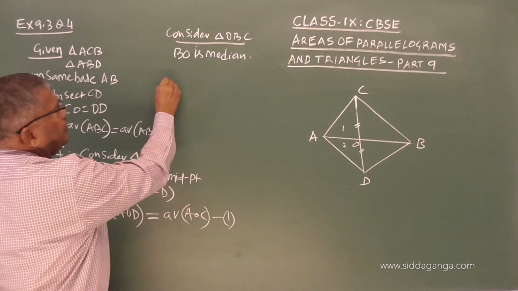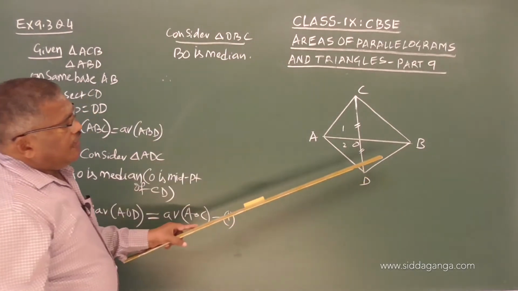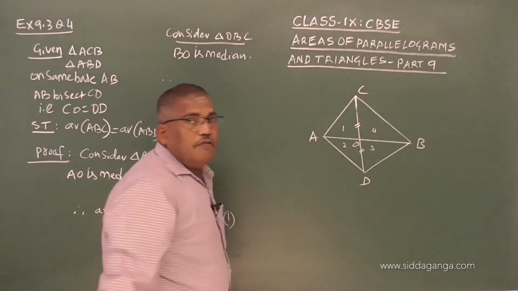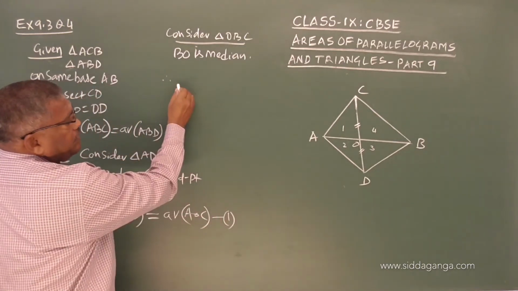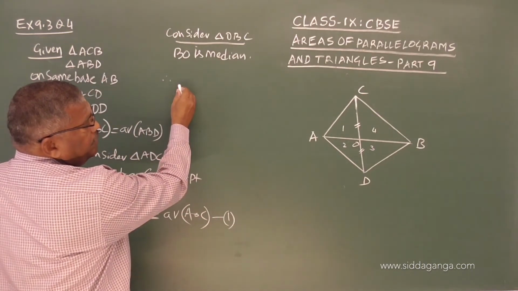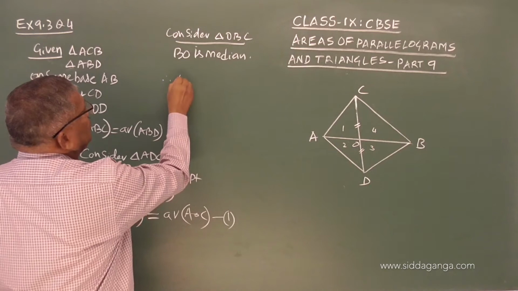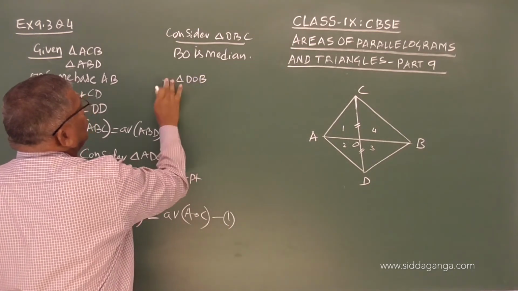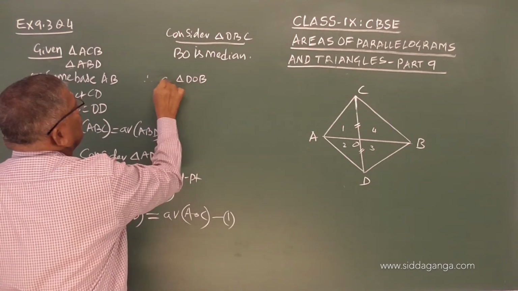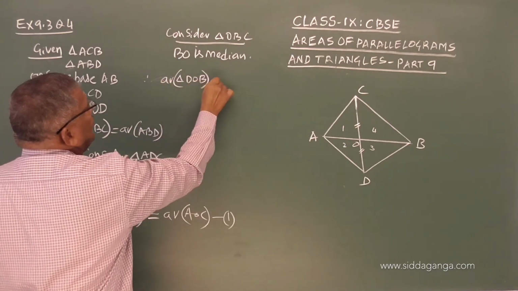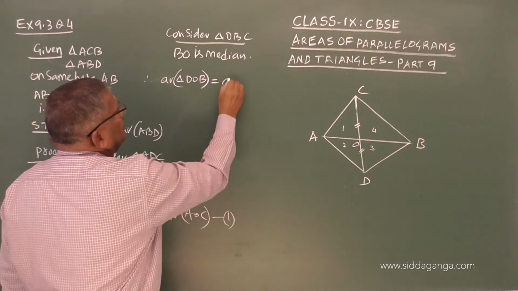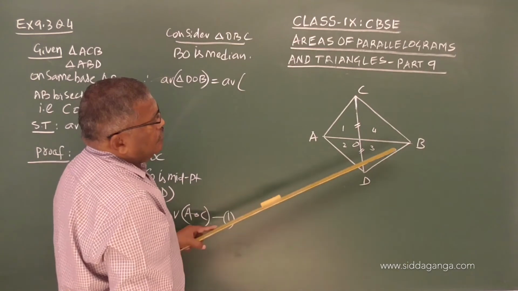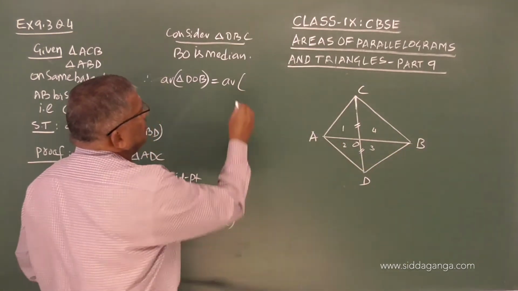So therefore these two triangles, 3 and 4, area of triangle DOB will be equal to area of triangle BOC.